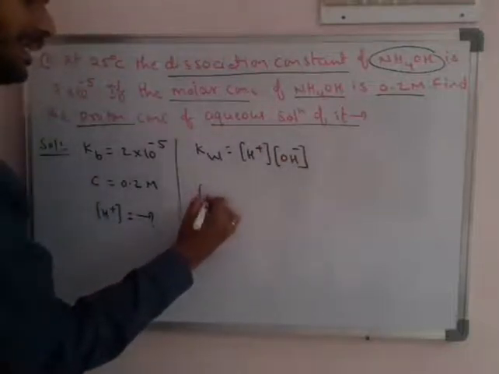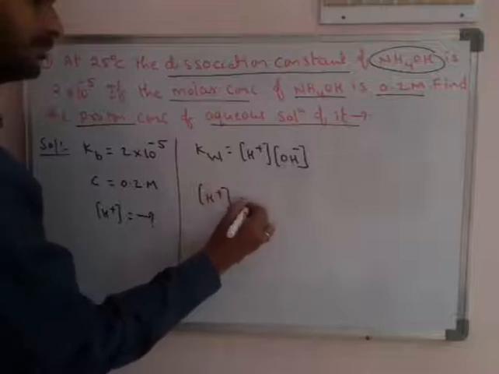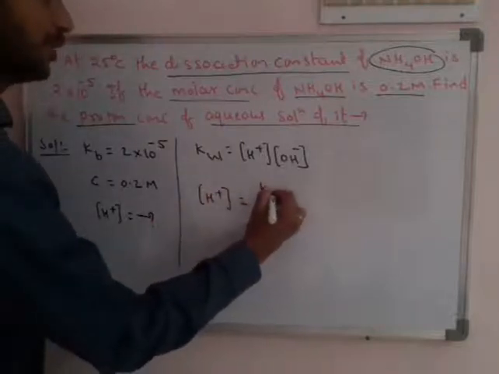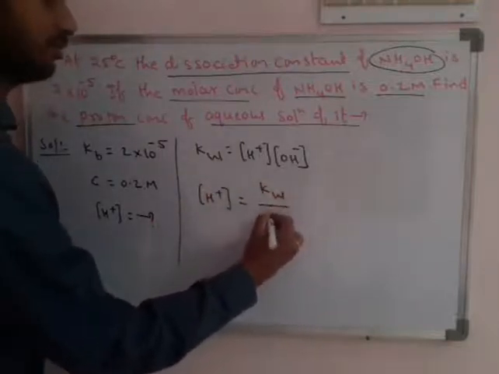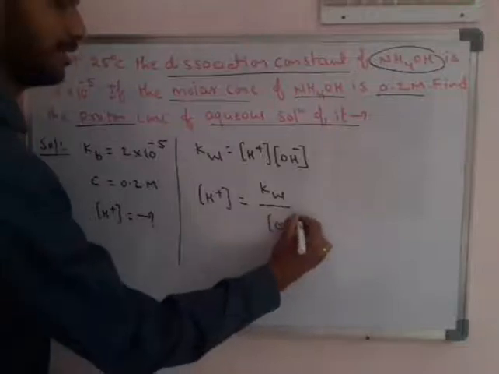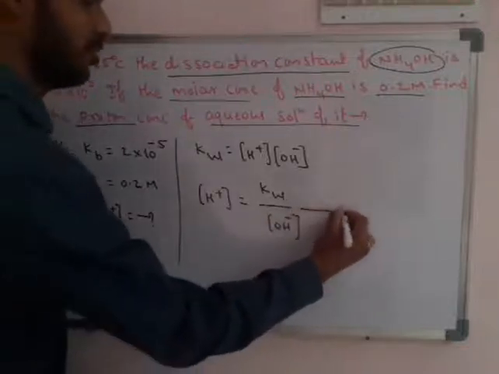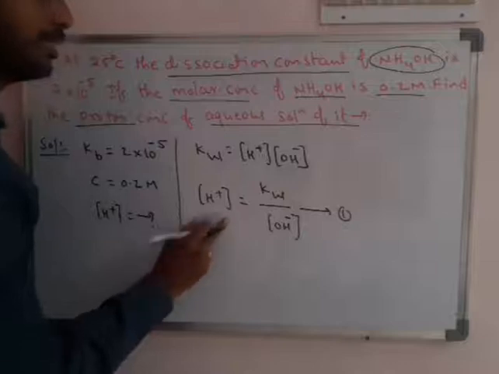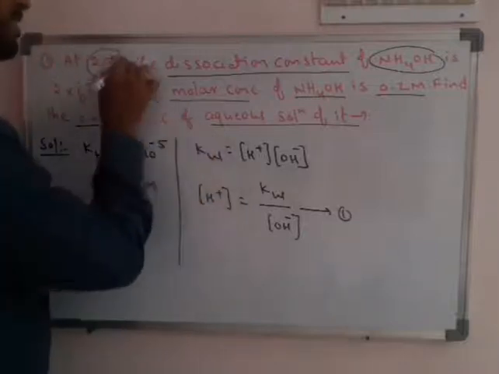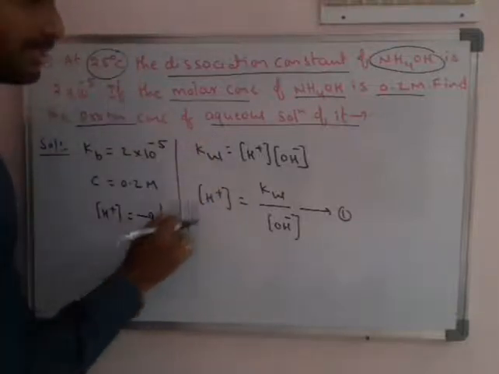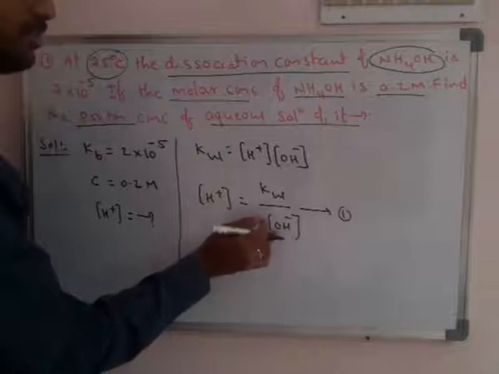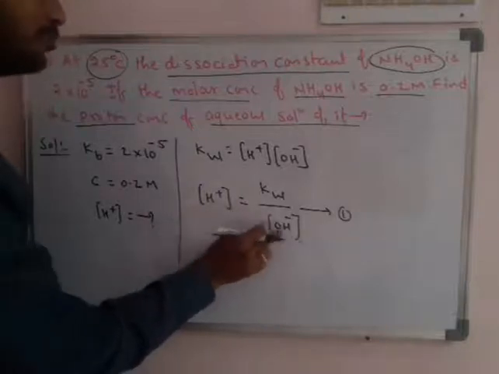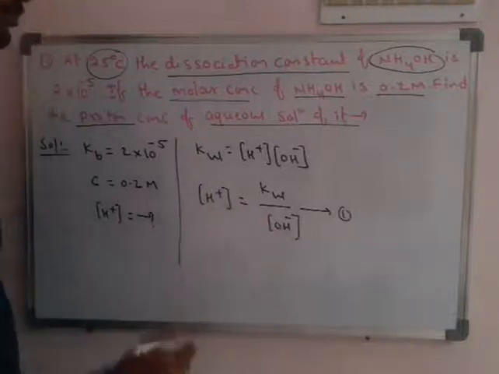We want to get H plus. So what is the formula? H plus equals Kw by OH minus. We know that Kw at 25 degrees Celsius is a constant. What is the OH minus? To calculate the H plus we must know the OH minus.